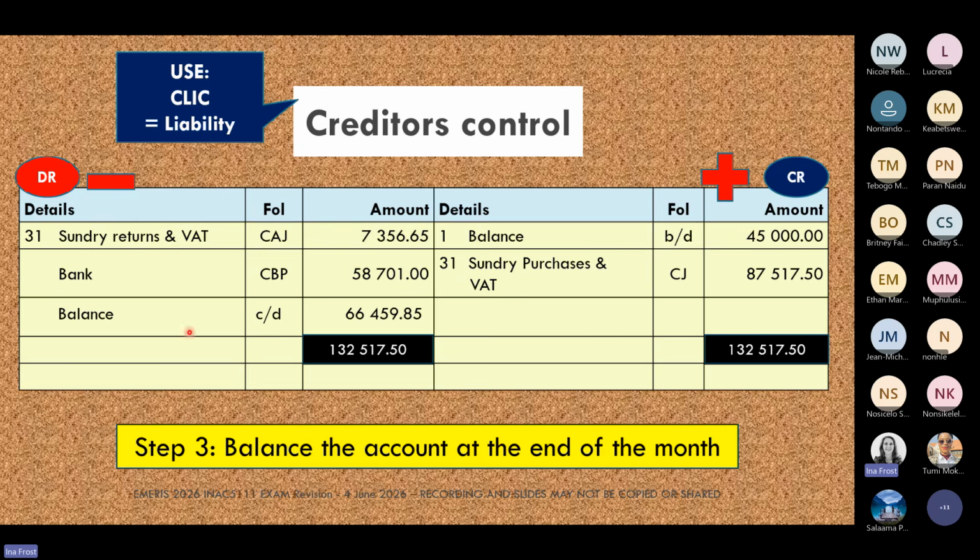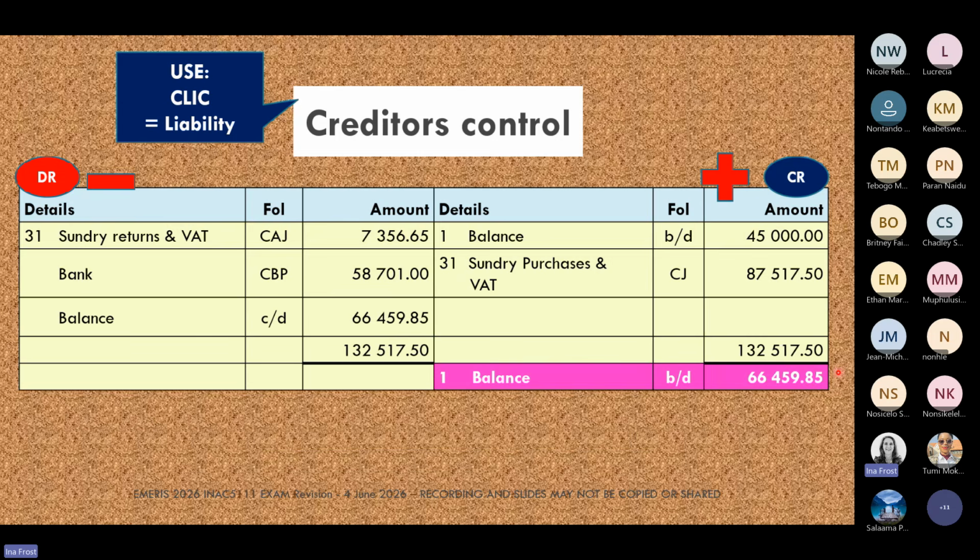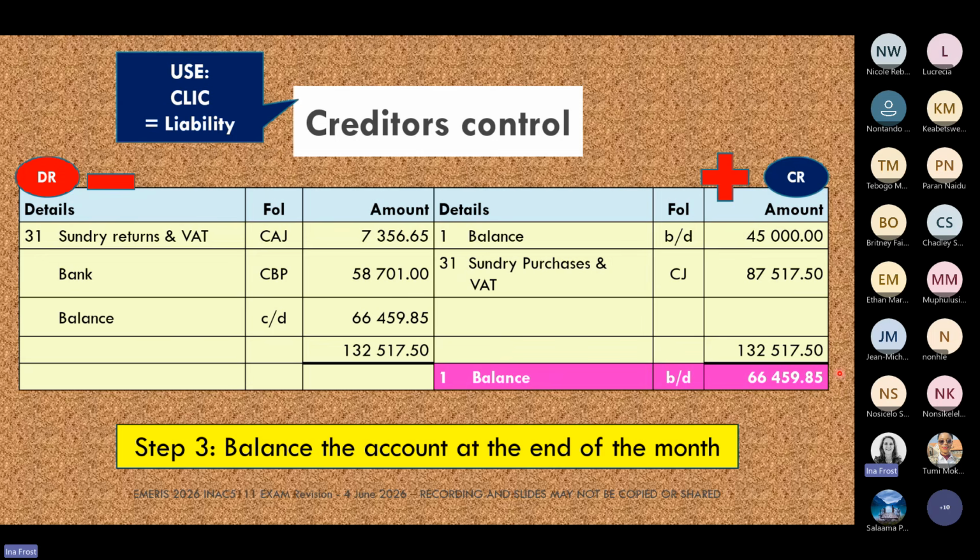And then the last thing I do is I take this balance to the opposite side of the account, where it then becomes the opening balance for the next month. So this balance here on the first is then the opening balance for the next month of the financial year. And don't forget to bring the balance down as well, because that is another way of getting easy marks that you certainly don't want to be losing out on in your exam.